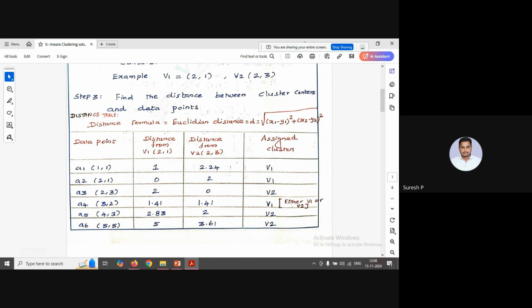So here we are using the Euclidean distance. The Euclidean distance will be d equal to the square root of x1 minus y1 whole square plus x2 minus y2 whole square. Since we have only 2 attributes, we have x1 minus y1 and x2 minus y2. Similarly, if you have 3, add x3 minus y3.